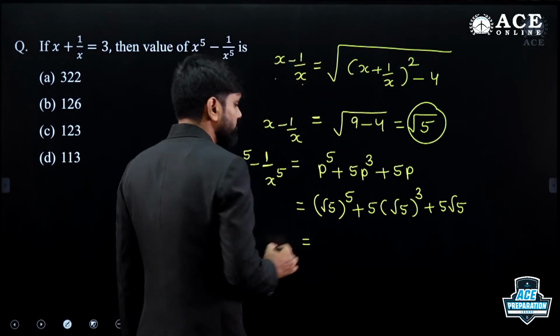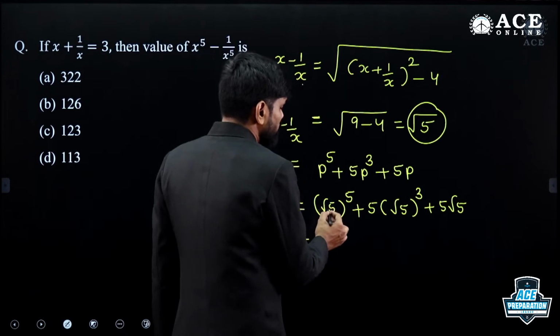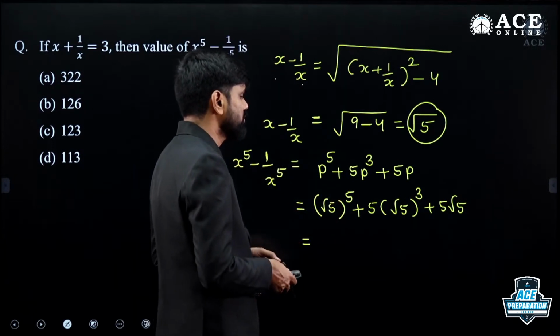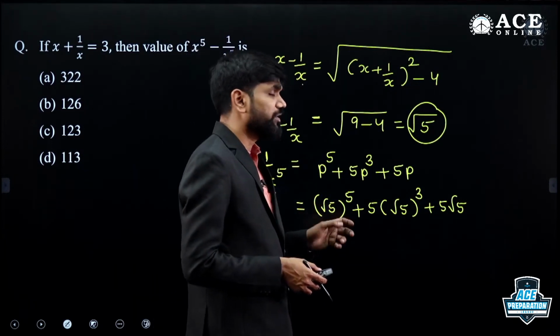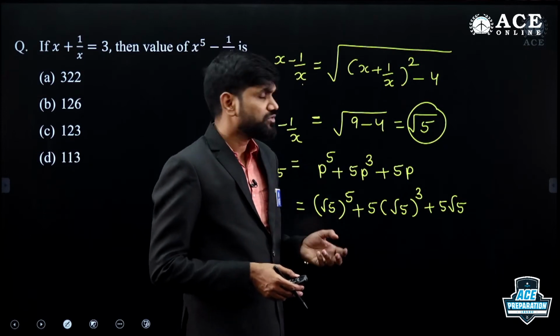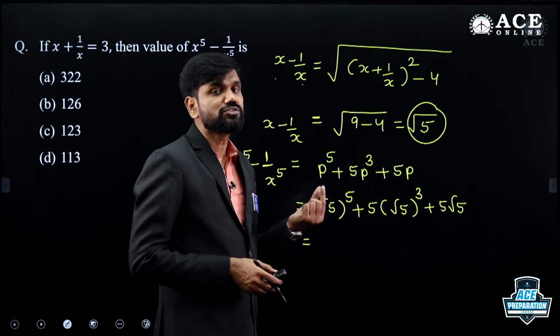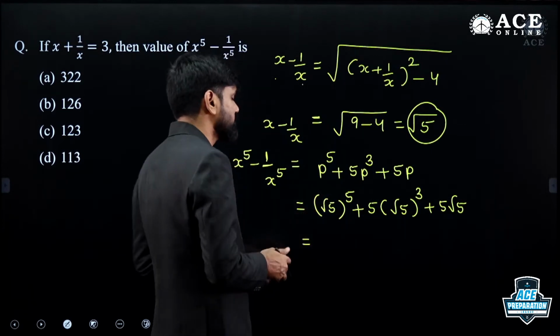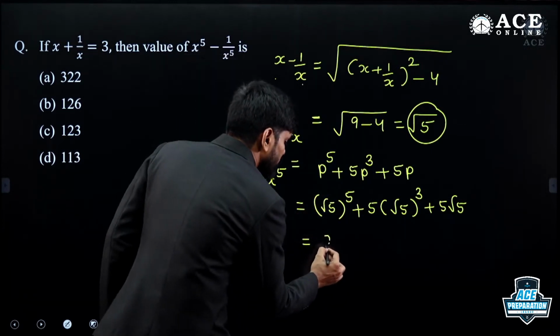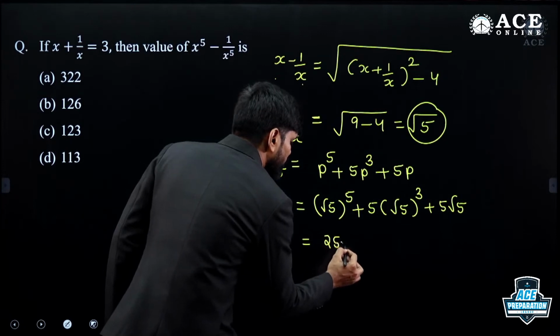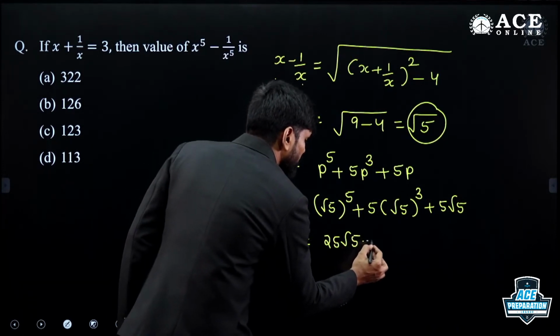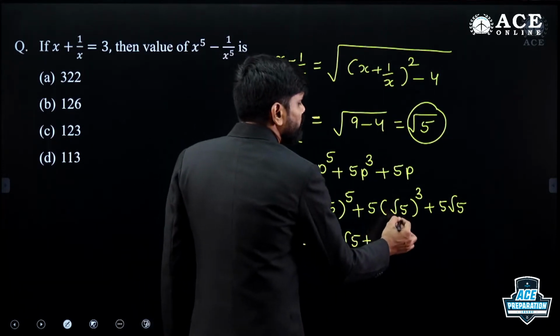Right? So this will give you how much, dear? Root 5 whole to the power of 5 means root 5 whole power 4 into root 5. Root 5 whole power 4 is nothing but root 5 whole square is 5, another root 5 whole square is 5, so that is 5 square, that is 25. This gives you 25 root 5 plus root 5 whole cube.